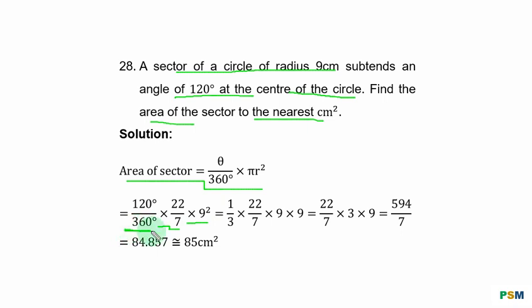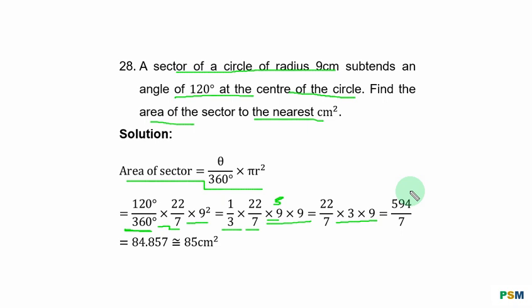This fraction simplifies to 1/3 times 22/7. 9 square implies 9 times 9. You have 22/7. Divide 9 by 3. You have 9 here. You have 3 here times 9 in this form.